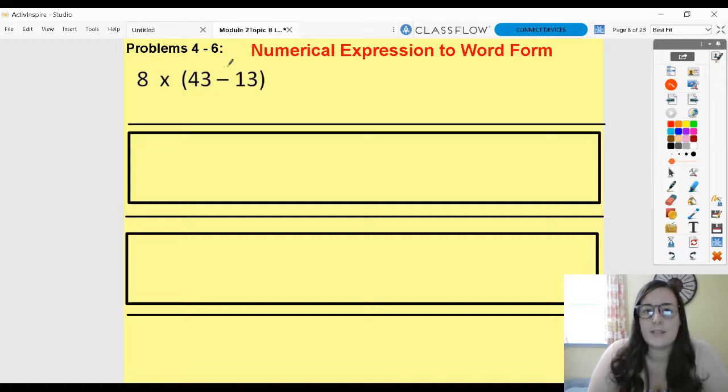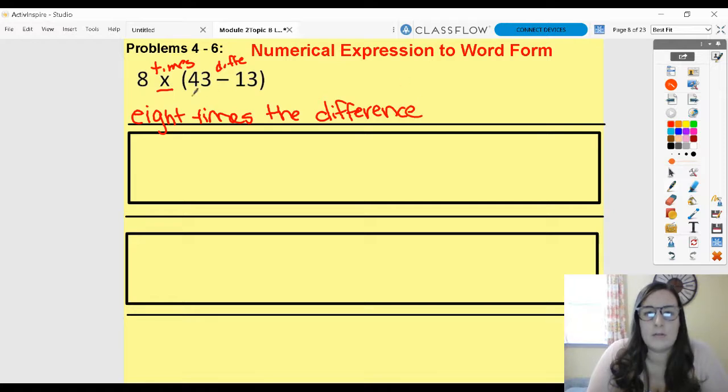Another thing that they're going to ask you to do is go from the numerical expression like this to the word form. So we have to remember that when we say multiply, we can say times. When we see the subtraction symbol, we're going to say difference. So our number sentence might look like this. Might look like 8 times the difference.